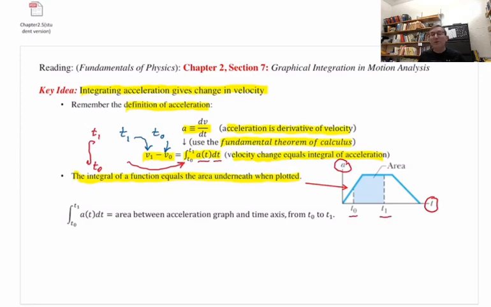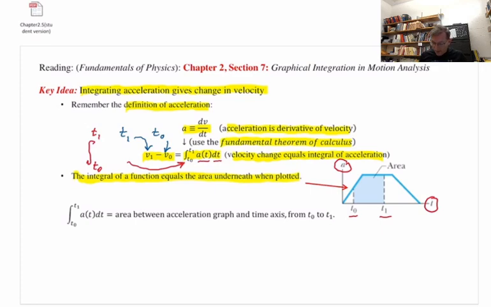Again, we have to be given those in the problem. Then the area between the plot of the acceleration and the time axis, starting at t0 and ending at t1, and that's the area that you see shaded in light blue in the picture here, that area is the integral of the acceleration.